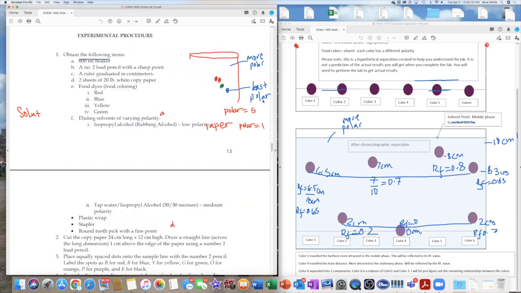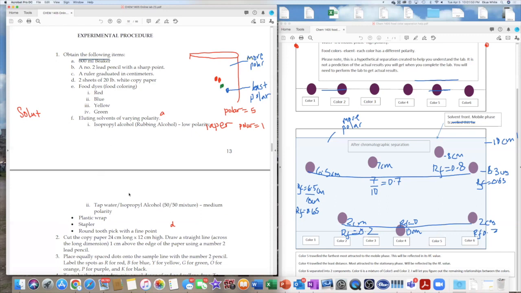Your first solvent is going to be rubbing alcohol. We're told that rubbing alcohol is relatively low polarity. That's isopropyl alcohol. This is all relative. So it's lower in polarity compared to the one that has the mixture of water and alcohol, okay? So we expect to see a separation here, but not as much as the one here.